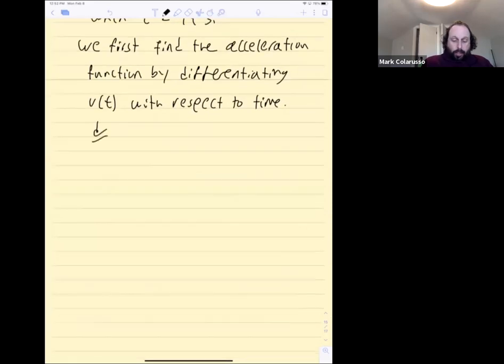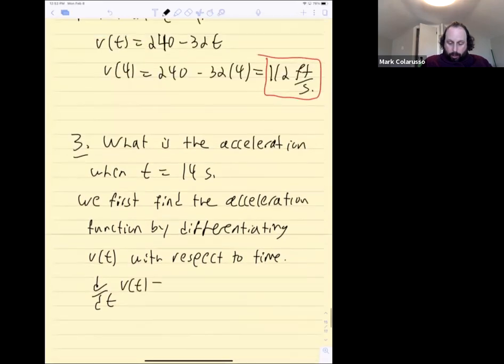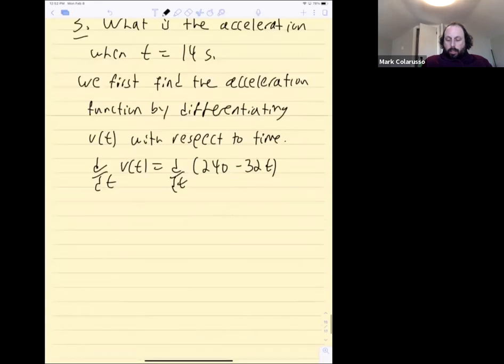And so you get d/dt of v of t, I have to go back up and see it, there it is, d/dt of 240 minus 32t. And this is quite easy. This is just minus 32, right? The derivative of 240 is 0, and the derivative of t is 1.